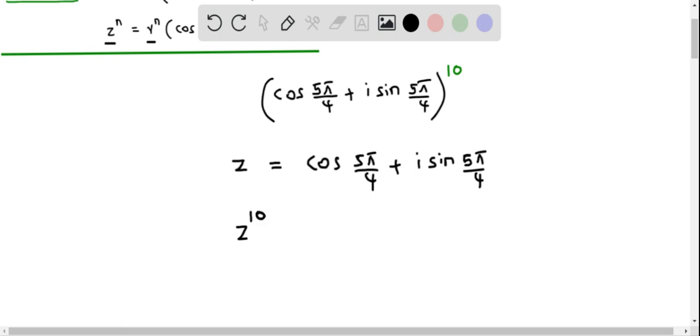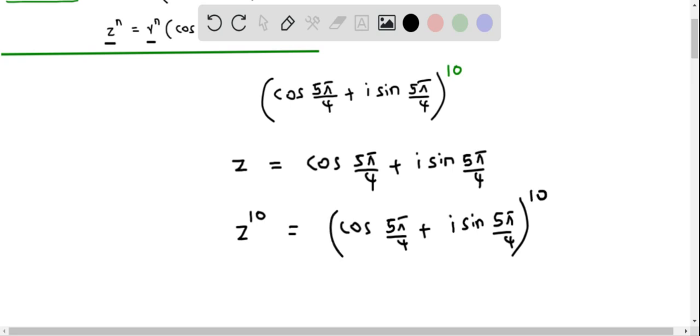So therefore this becomes z^10, and this equals (cosine of 5π/4 plus i sine 5π/4) raised to the power of 10. So when we use De Moivre's theorem, we see that r equals 1 because we don't have any factor here or any multiple. So we can consider r equal to 1.